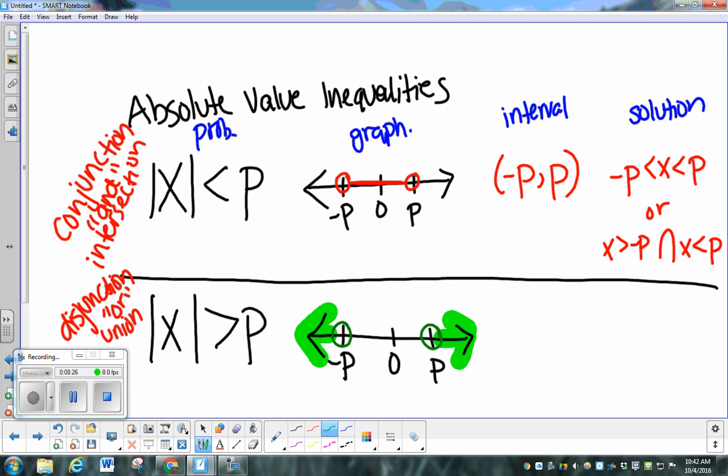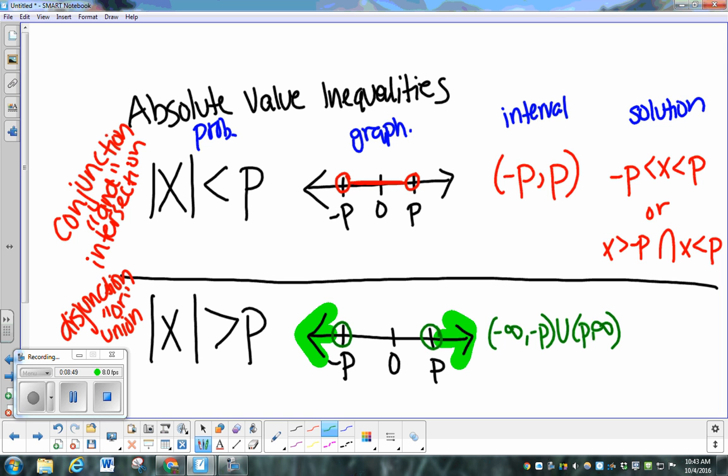So this second one, when the distance is greater than a number, if we're going to write that in interval notation, we'd have to put two intervals. We would have to say that X ranges anywhere from negative infinity up to negative P, or X can be anything from P up to infinity. That's our interval notation. It's a union, so we need two separate things there.